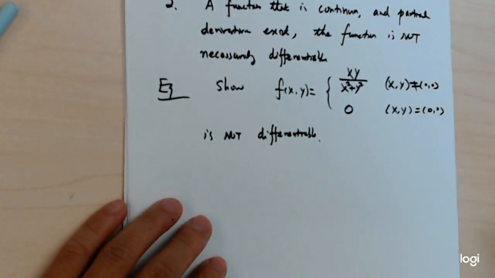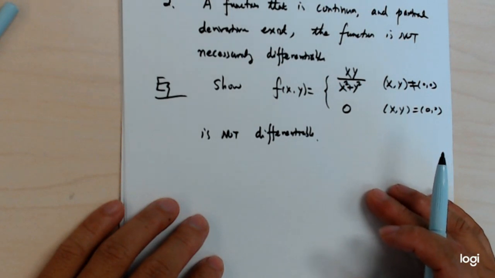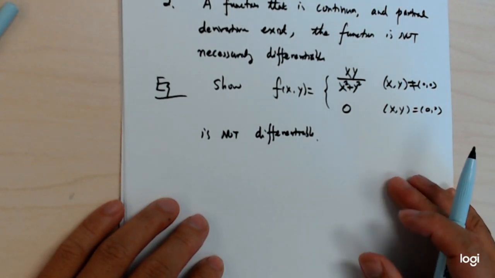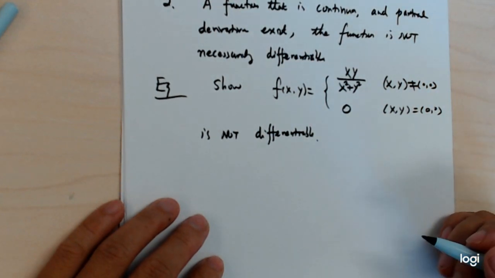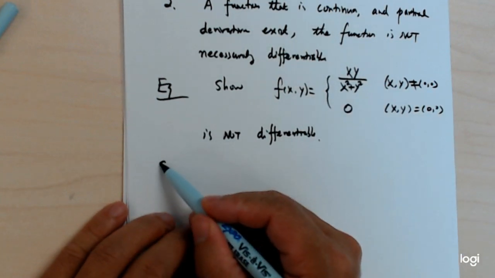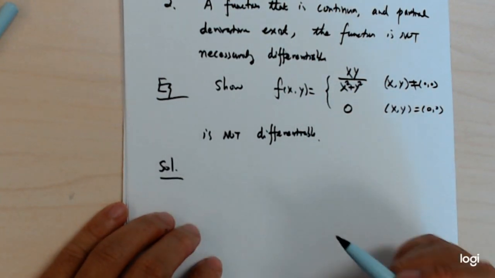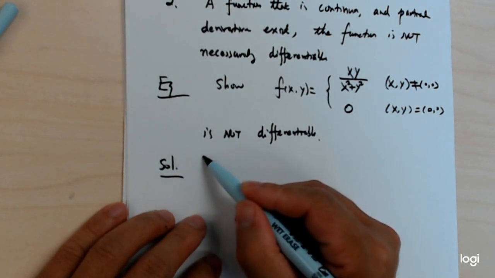If you look up the previous video, we have to calculate the partial derivatives, find out the linear approximation of the error, and then calculate the nonlinear part. Before you even do all that, let's notice that this guy is actually not even continuous. That's something we can show real quick.